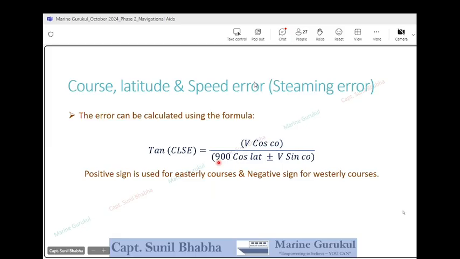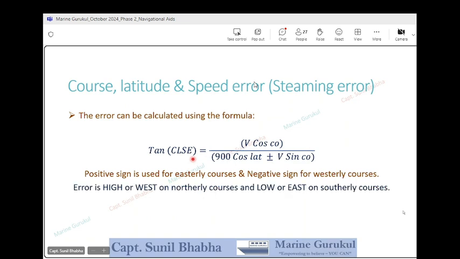Once we put all these values in the formula, we get the magnitude of the CLSE or the steaming error. Now, how do we determine whether this error is east or west, low or high? The error is high or west on northerly courses and the error is low or east on southerly courses.